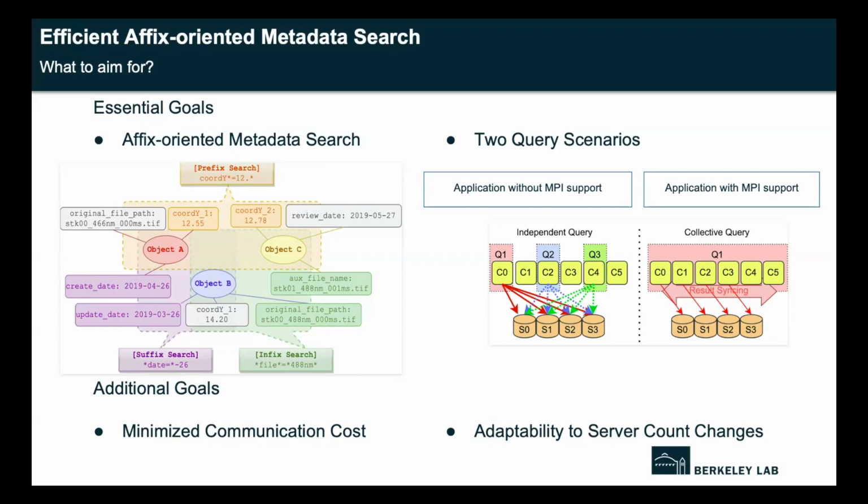There are also two additional goals to be satisfied. First is minimized communication cost, and secondly, adaptability to server count changes, because your application can start with a particular setting and later be rebooted with a different number of servers.